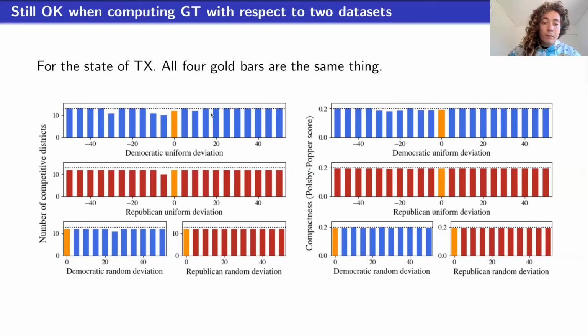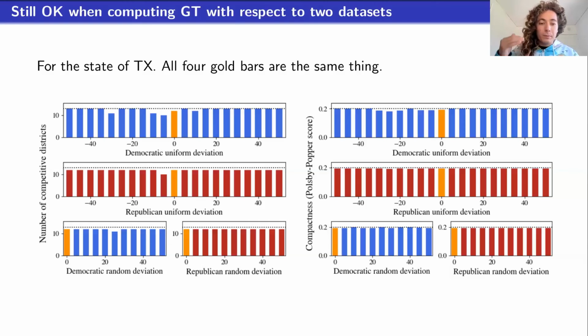In each of the plots, the dashed line at the top is the unconstrained optimum, and the gold bar is the constrained optimum. All the other bars represent the same exact thing in a hypothetical world where we take one of the parties and have it change its election data and then recompute their geometric targets with respect to this new data set and see if we can satisfy the geometric targets of both parties, each with respect to their own data, like we did in the theoretical model.